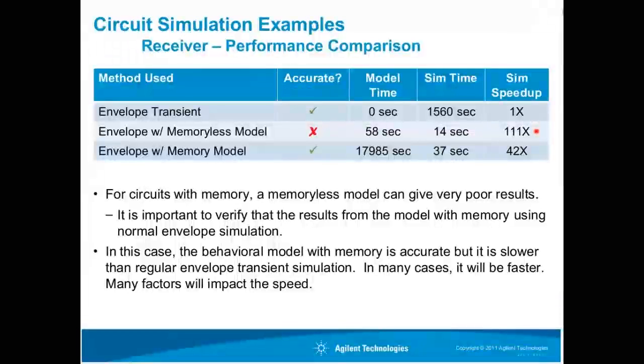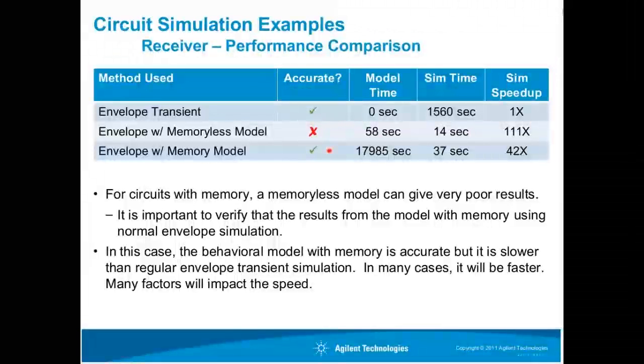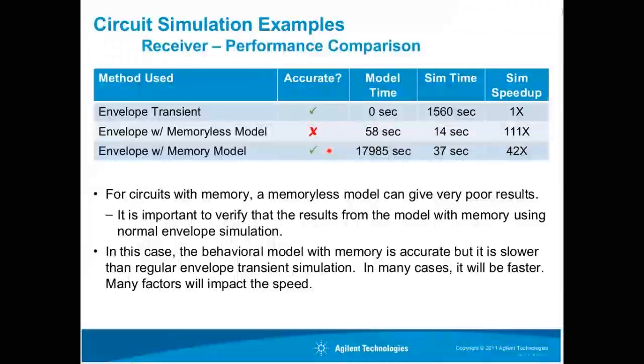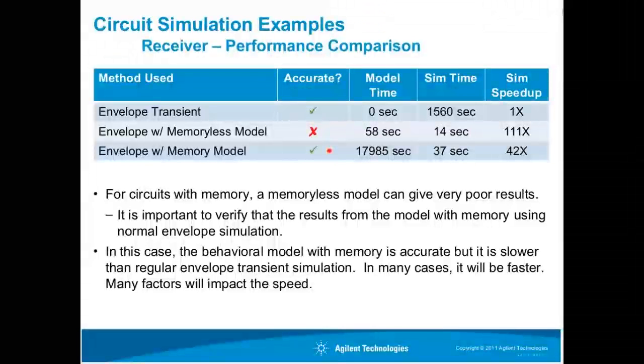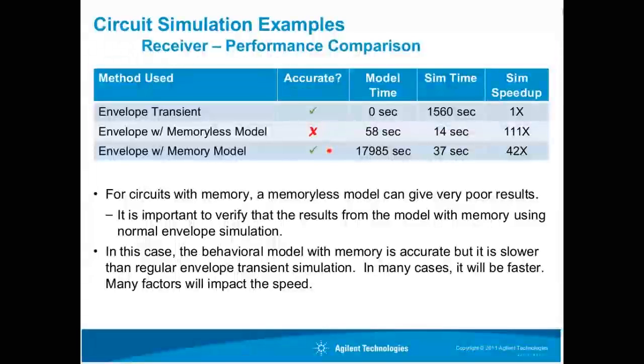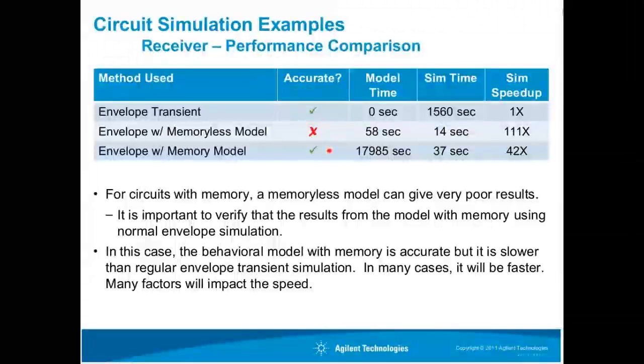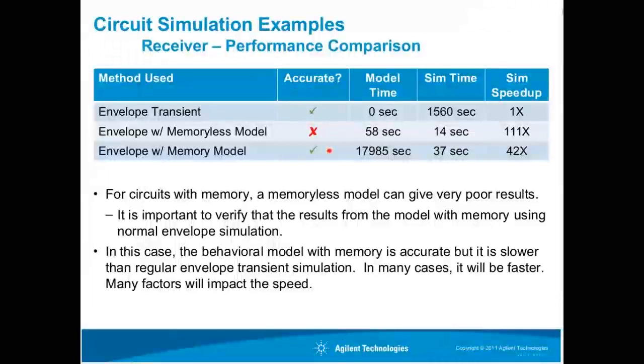Now, interestingly, because of the challenge to model this particular circuit, it took a lot longer to model the circuit than it did to simulate it. So in that regard, this wasn't very interesting if you're just using the model to try to get a speed up. In this case, if you were just using it to speed up your simulation, you'd be disappointed and you'd decide it was better just to run normal envelope transient.